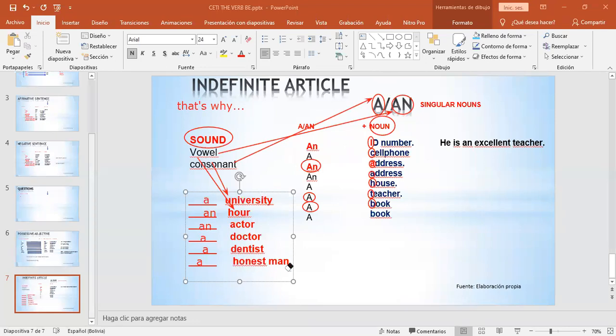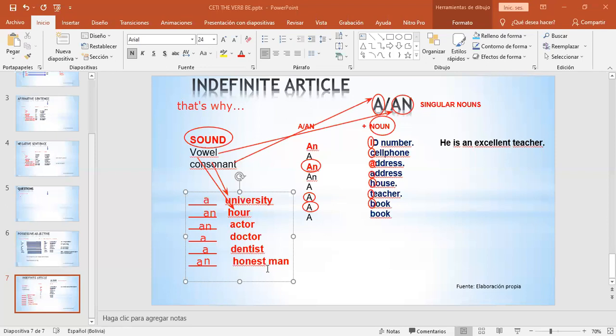It's a vowel sound. What's the correct form? It's the vowel, an honest man. An honest man.